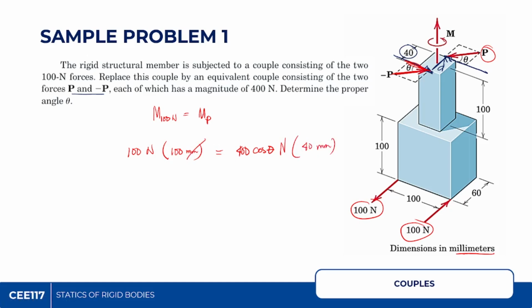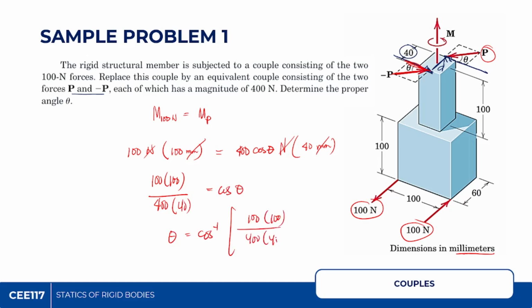Okay, so cancel tong mm, cancel yung Newton. Ang matitira would be 100 times 100 equals 400 times 40 times cosine theta. Cross-multiply natin yan. Or in other words, theta would be arc cos of 100 times 100 all over 400 times 40.